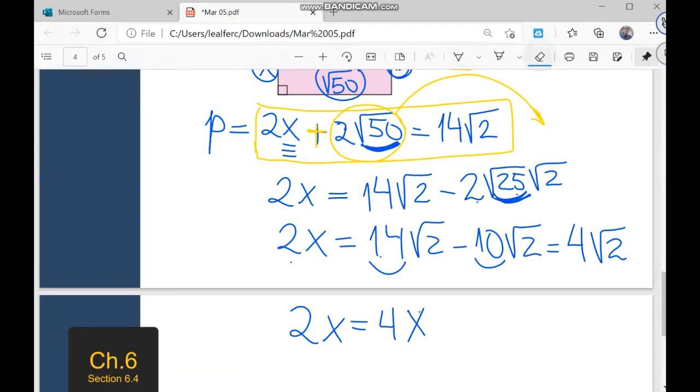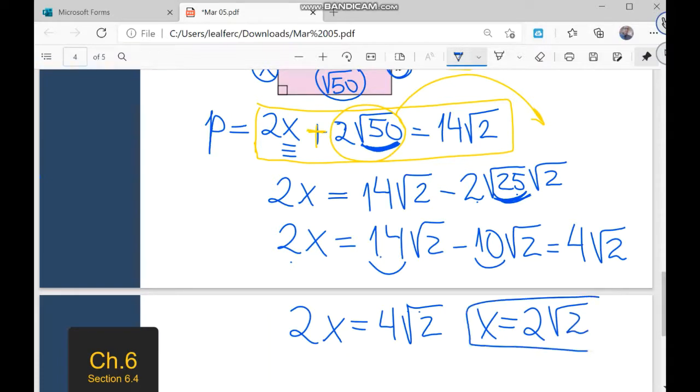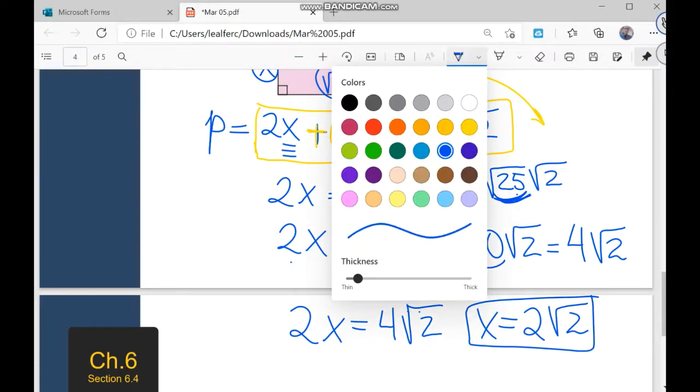Divide both sides by 2. x equals 2 square root of 2. That is the right answer.